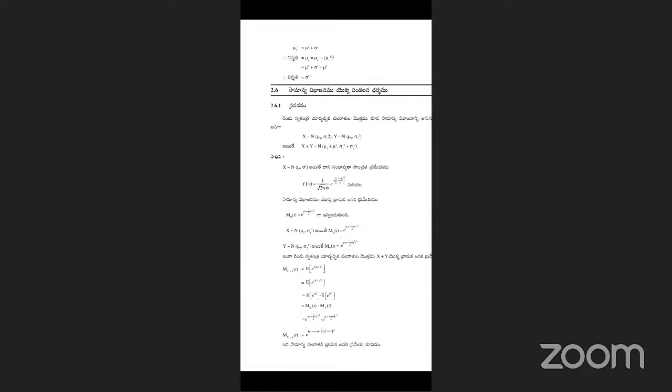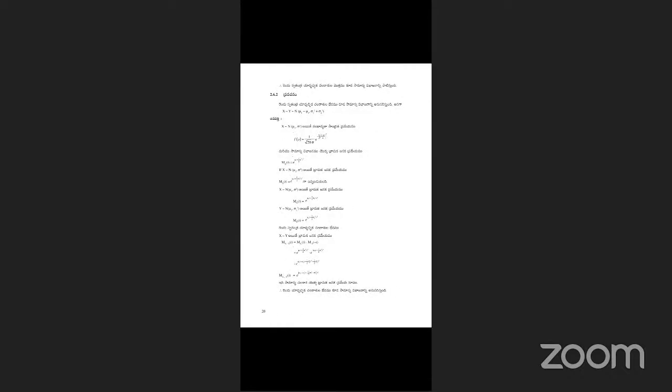So here we have applied e to the power of mu1 plus mu2 into t plus sigma 1 square plus sigma 2 square into t square by 2. This is the additive property of normal distribution.